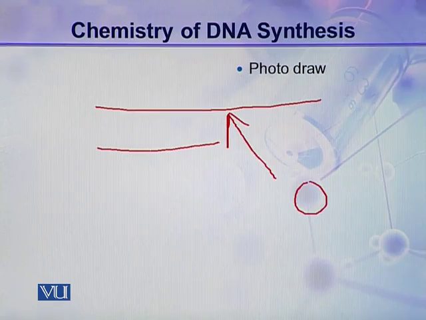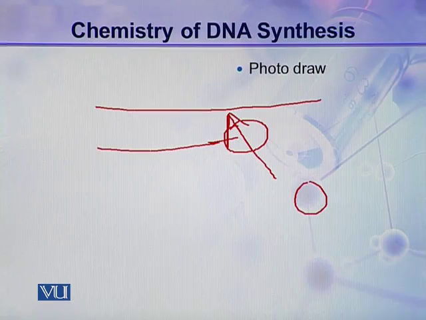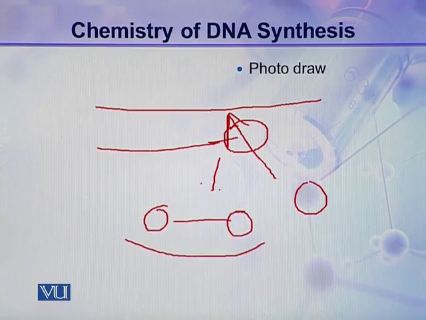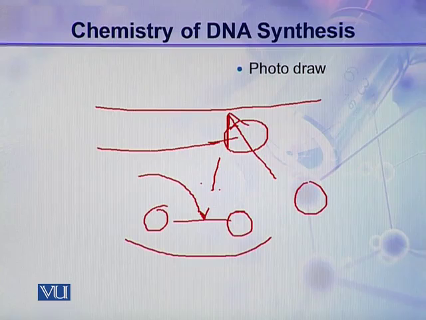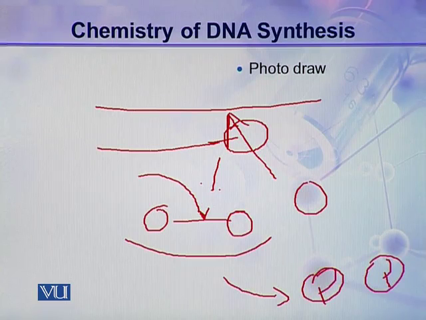As you can see, this is a primer template junction, and when a nucleotide triphosphate comes here, it is added to the 3' side of the primer, and two phosphates, which form a pyrophosphate, are released. This whole molecule is pyrophosphate. In the presence of the enzyme pyrophosphatase, this high energy bond is broken and two phosphate groups are released.